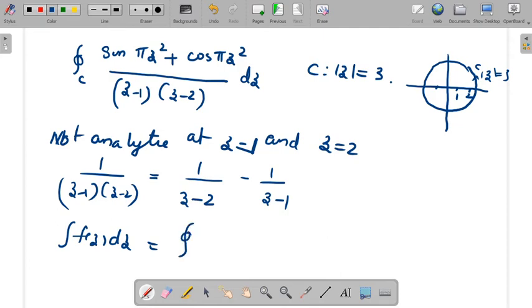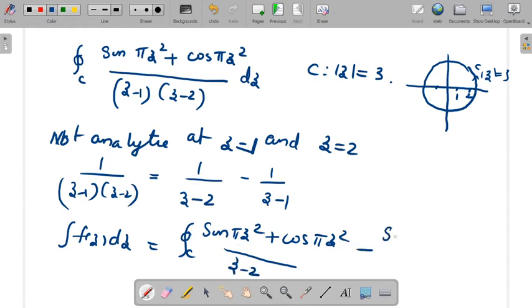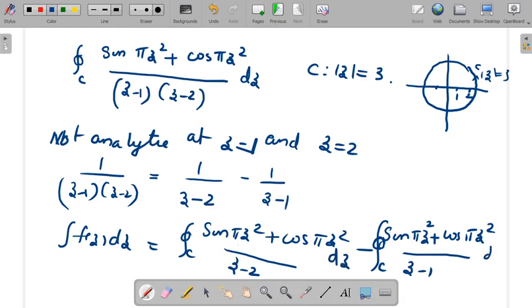So we get the integral over C of (sin πz² + cos πz²) divided by z − 2, minus the integral over C of (sin πz² + cos πz²) divided by z − 1.